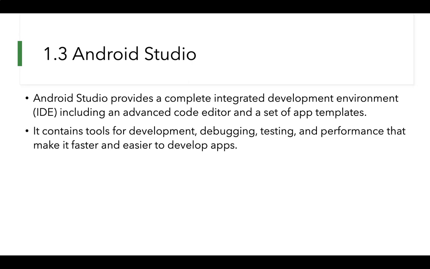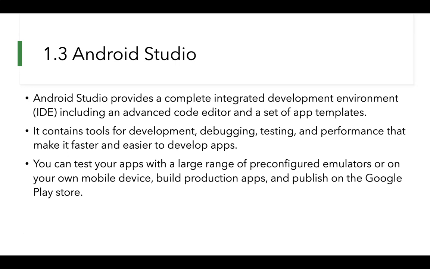It contains tools for development, debugging, testing, and performance that make it faster and easier to develop apps. And with Android Studio, you can test your apps with a large range of pre-configured emulators or on your own mobile device, build production applications, and publish the applications on Google Play Store.